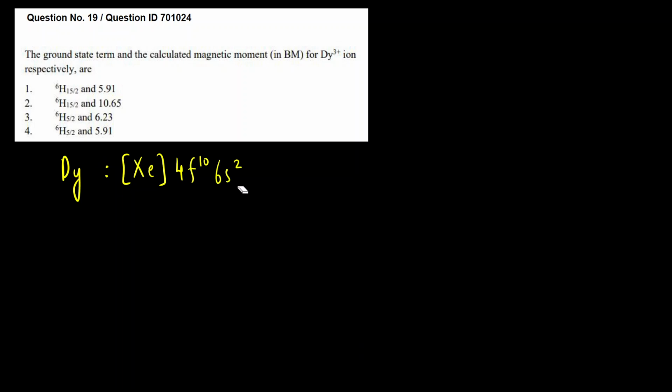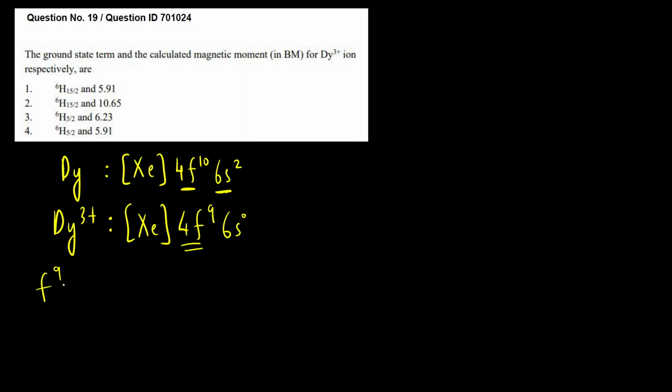Okay, this is for dysprosium. We want dysprosium 3+, so we have to remove 3 electrons. We will remove 2 from 6s and 1 from 4f. So it will be Xe 4f9 6s0. So we have got 4f9.